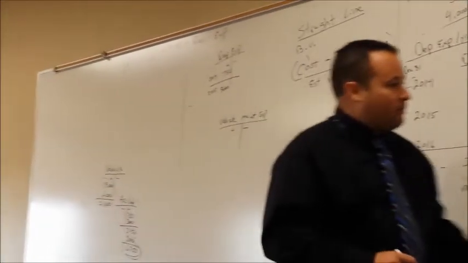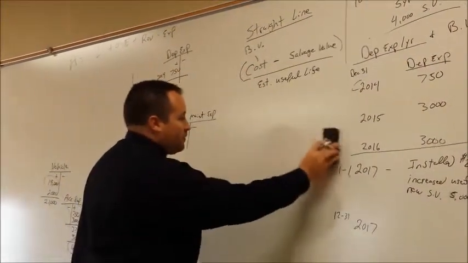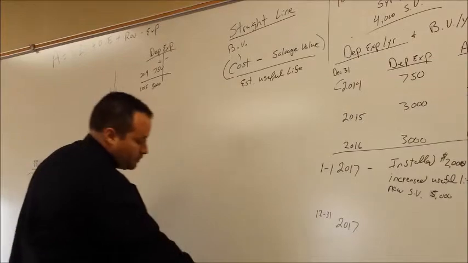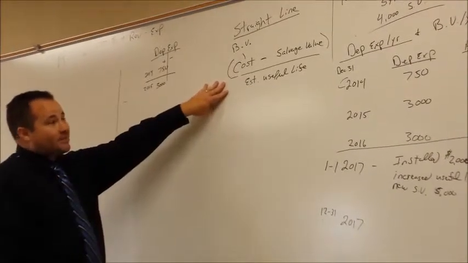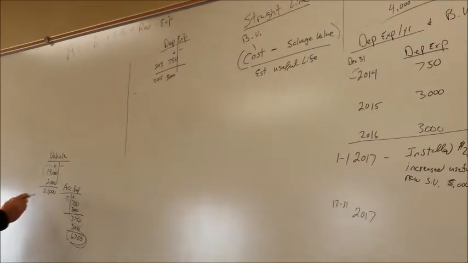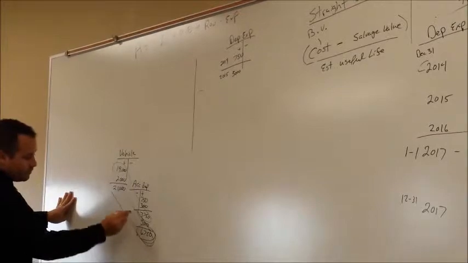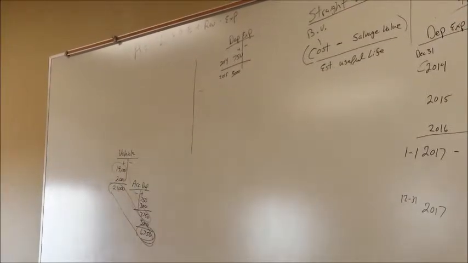So when I come back to do my equation, cost is not a good option here. I've got to take the book value. My new book value, I could do it one of two ways. I could just simply look at this and get the book value.